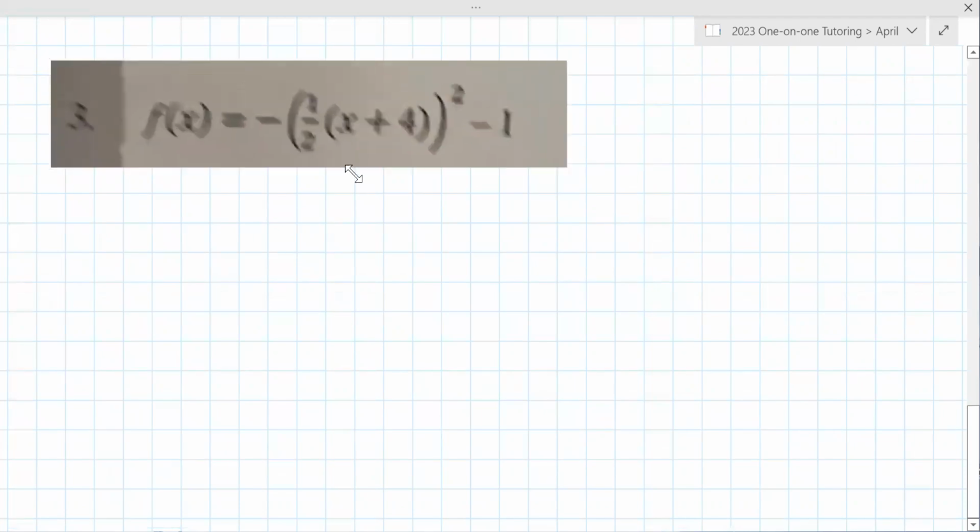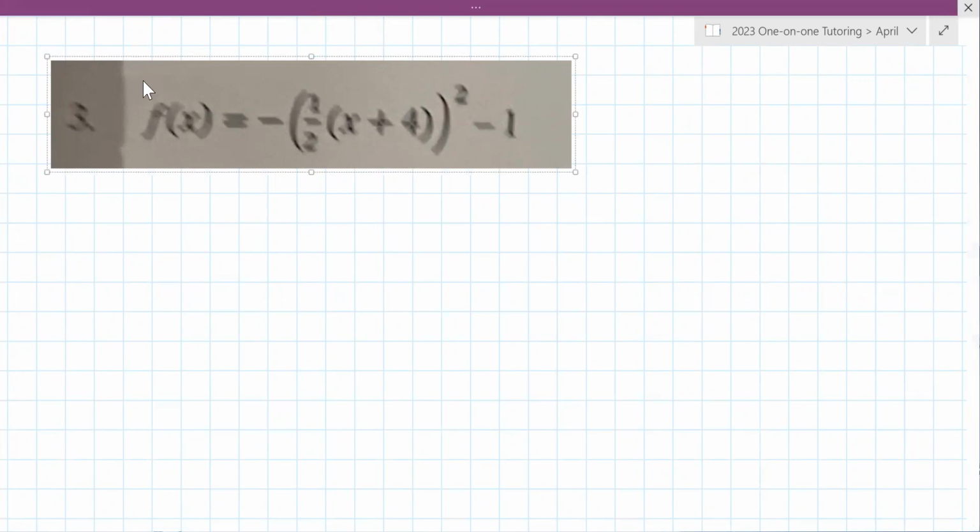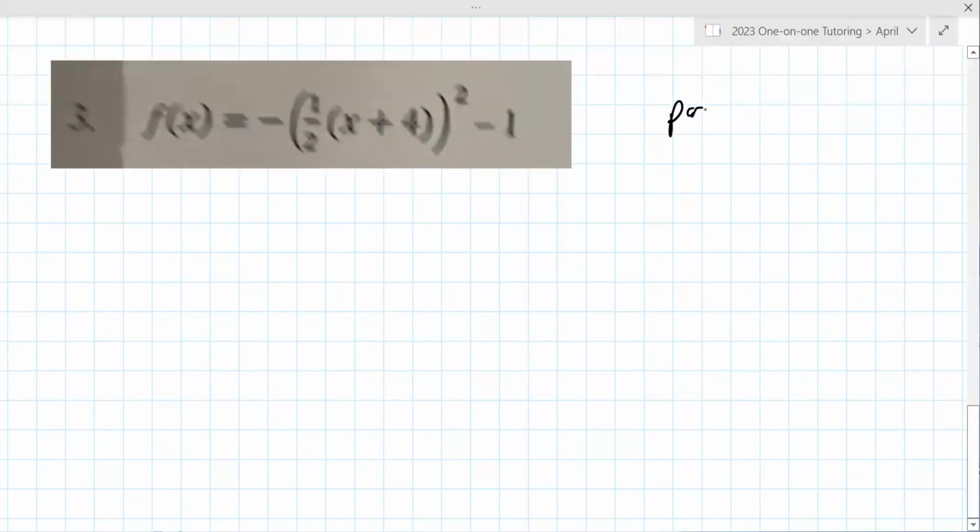All right. So just like the last problem here, can you tell me the parent function? The parent function is divide by 2.